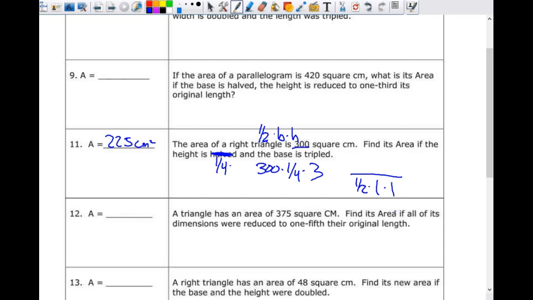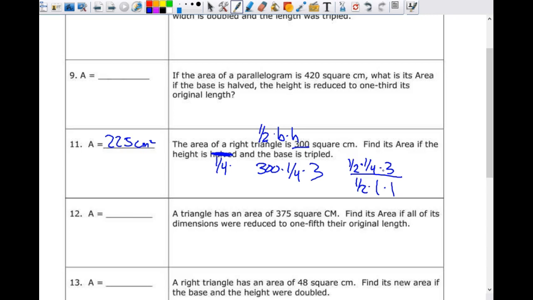Okay, so this was the one with the ones, where we plugged in ones. Now we still need to multiply the ones with the new one. So 1/2, because that stays the same, times 3 times 1 times 1/4 h, which is 3. So 1 times 3 is 3.